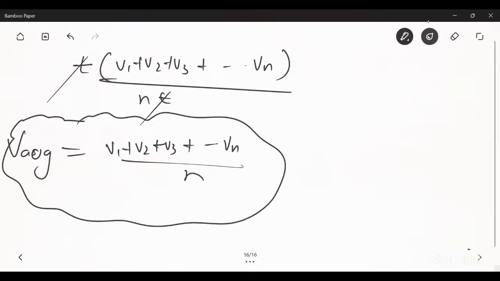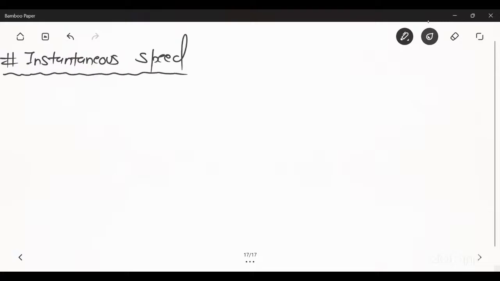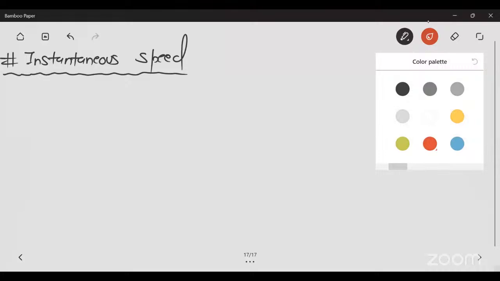Okay. Now the last topic is instantaneous speed. So what is instantaneous speed? When the time duration is short, that speed is known as the instantaneous speed.